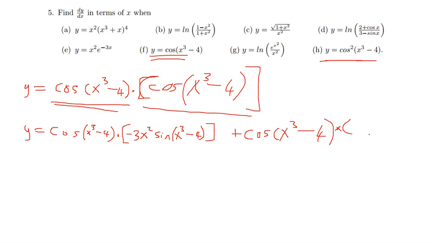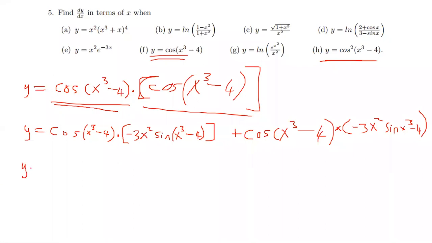So I'm multiplying it with negative 3x squared, and then sine of everything there, which is x to the power 3 minus 4.